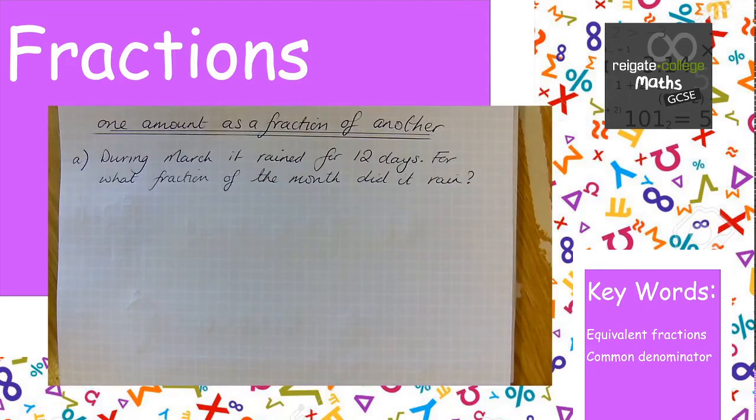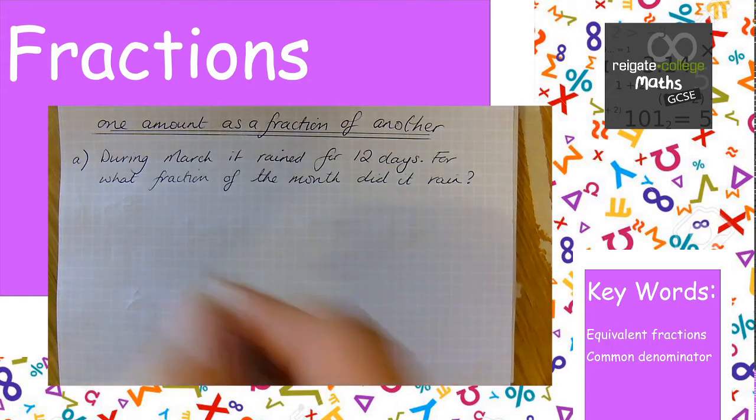We're going to write one amount as a fraction of another. Here's a typical way you could be asked that question. It says, during March it rained for 12 days. For what fraction of the month did it rain? So the first thing we need to do is to identify how many days there are in total in the month of March.